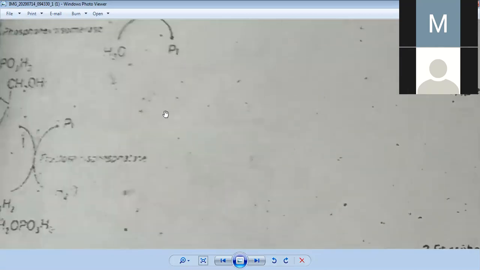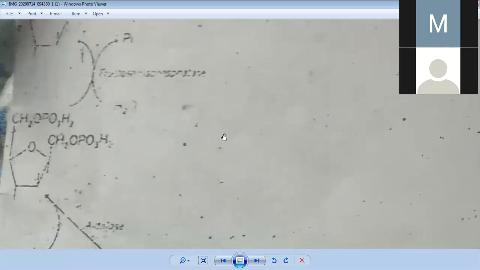So this phase, from this up to these 3, is known as the preparatory phase, because we are making preparation. And after 3, all the steps are known as the payoff phase. So we have 2 phases. From 1 to 3 is the preparatory phase, and after 3, all the reactions are the payoff phase.